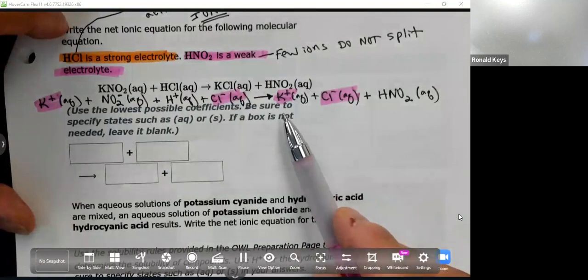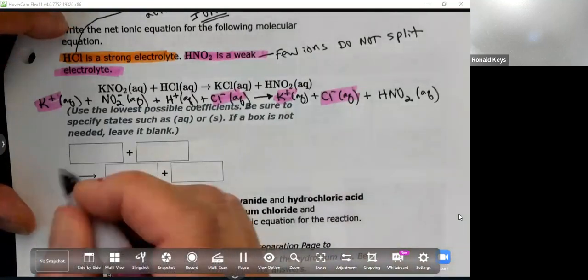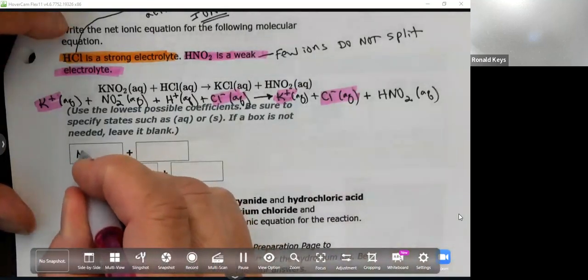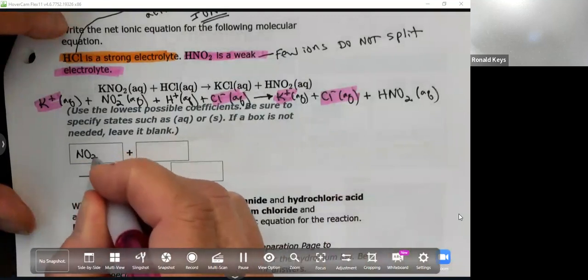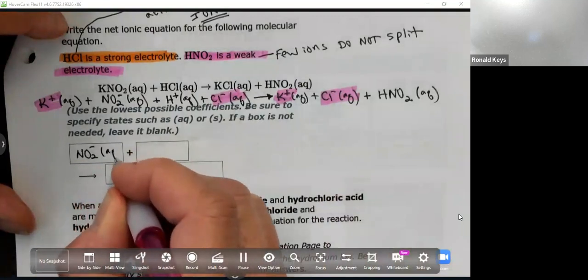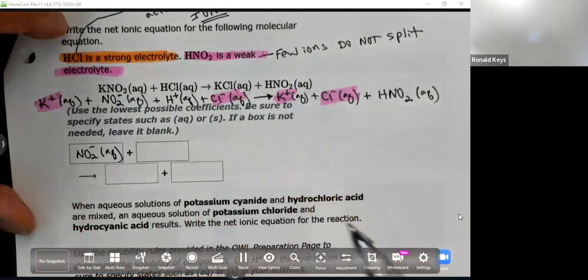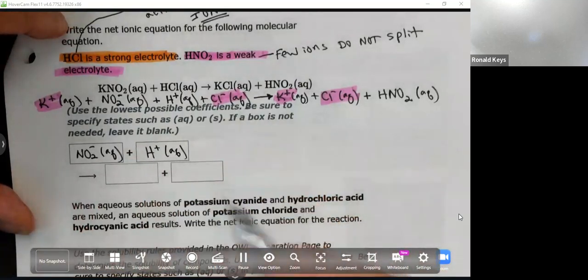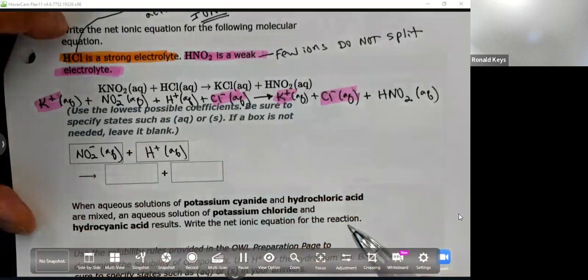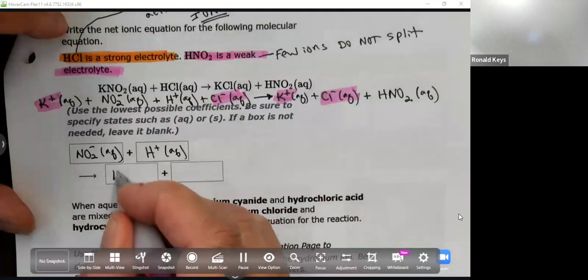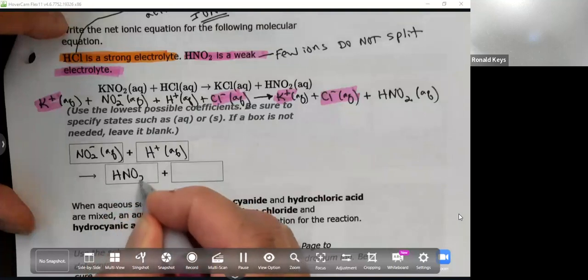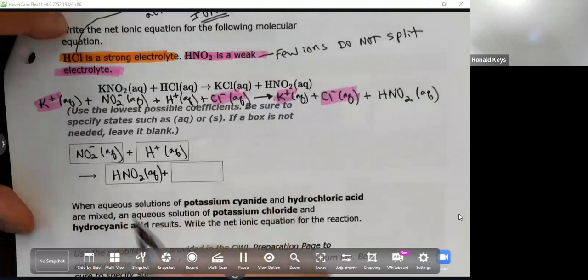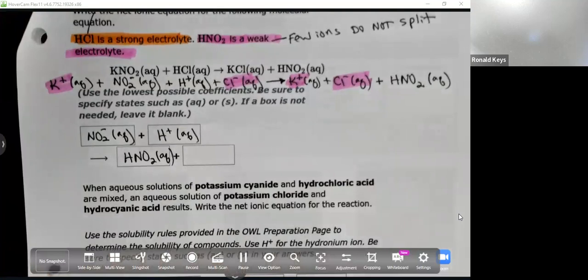So what do we have left? We've got NO2 minus and we have H plus, yielding HNO2 aqueous. And the last box can be left blank.